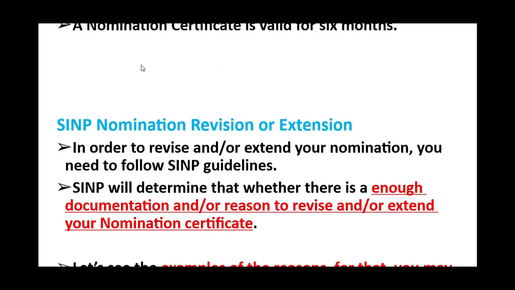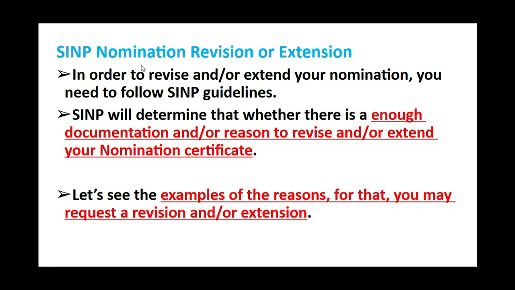But in case within the 6 months of validity, you want to revise, meaning you want to update certain details such as your personal details like your passport number, your Express Entry profile number and job seeker validation code, or you want to extend your nomination for a longer duration than the 6 months, in that case you need to follow SINP guidelines and send a request for revision or extension of your SINP nomination.